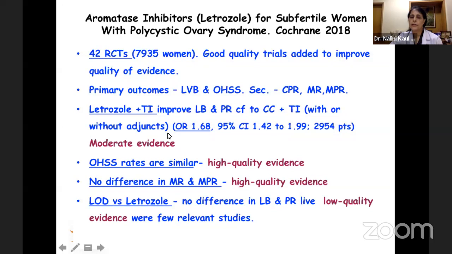This was moderate evidence with an odds ratio of 1.68. Now, OHSS is similar. There's no difference in multiple pregnancy rates or miscarriage rates, and these are all high quality evidence. With LOD versus letrozole, there is no difference, but the quality of evidence here is very low.